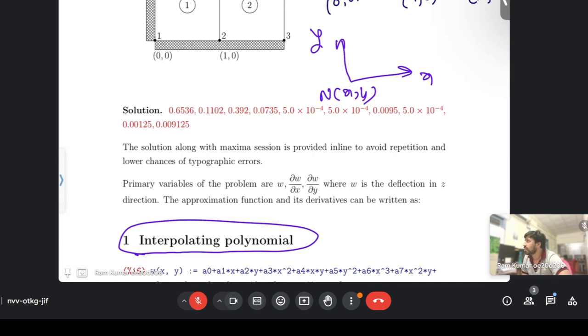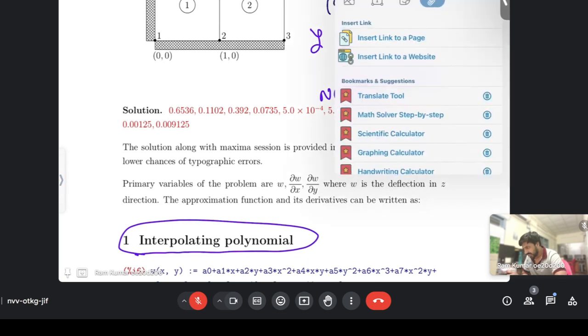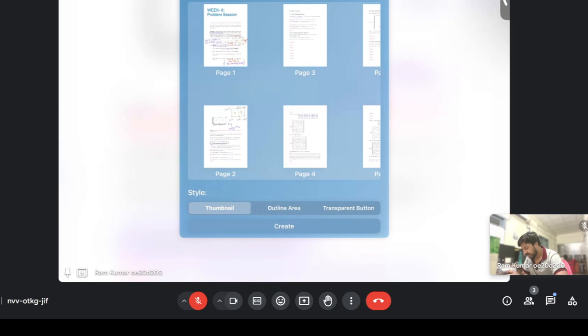Okay, finite element modeling theory. First I will take a few pages. I will add some pages here. Insert page.